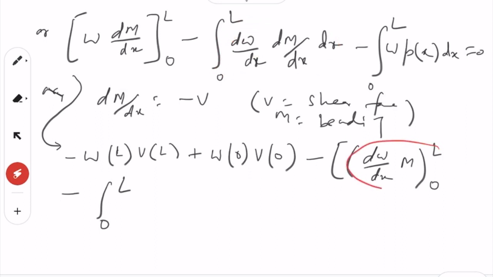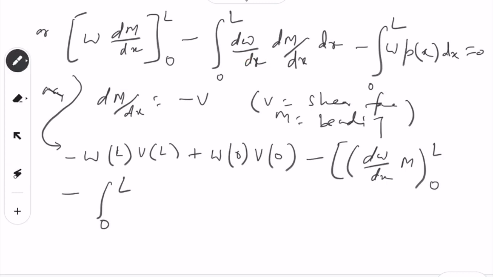So, one you get this dw over dx times m and then we get this minus, and what else do we get? We get d square w over dx square times m.